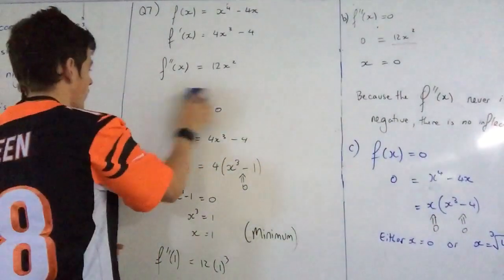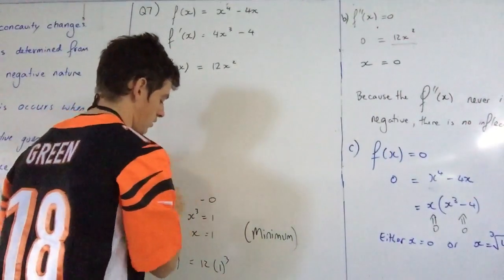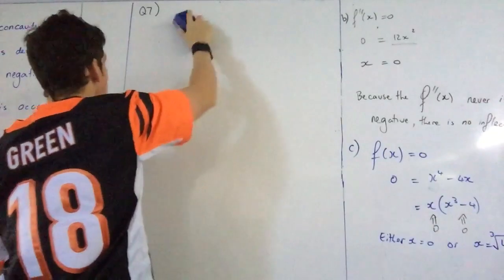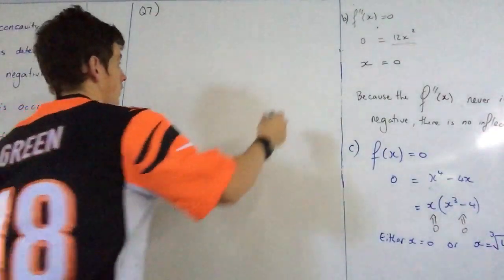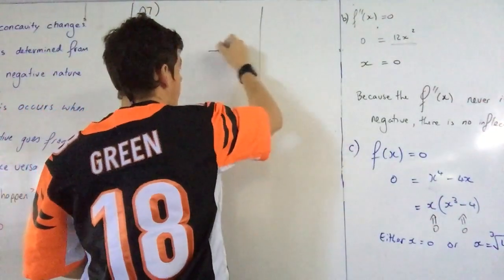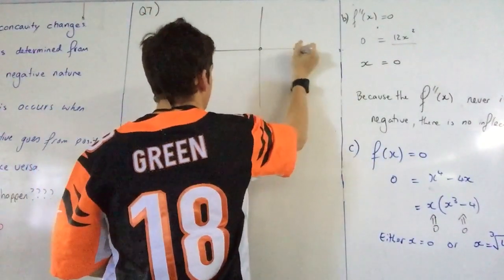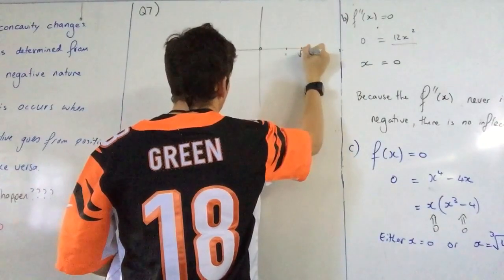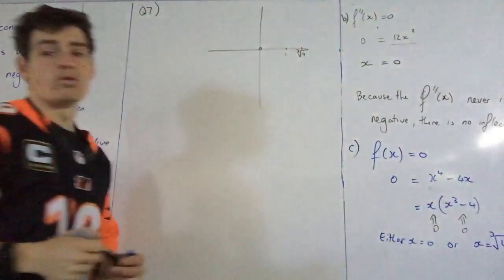I don't need any of those functions anymore. So if I'm getting my graph up here, I know that I've got a point here, let's just call that 1, and a point here we'll call the cube root of 4.